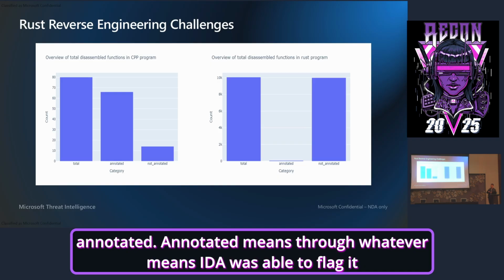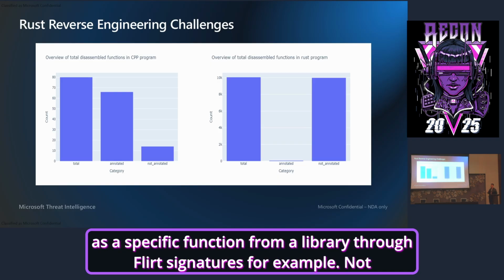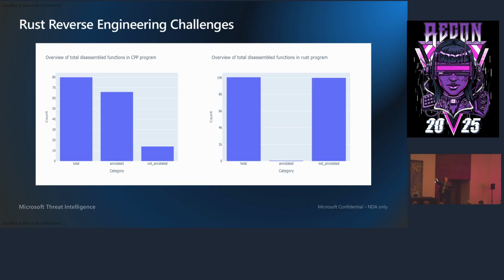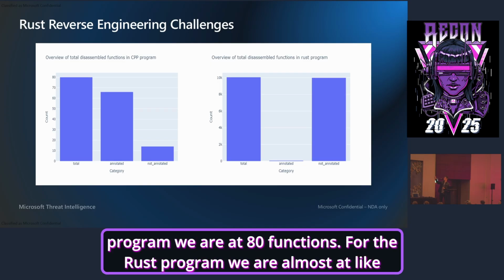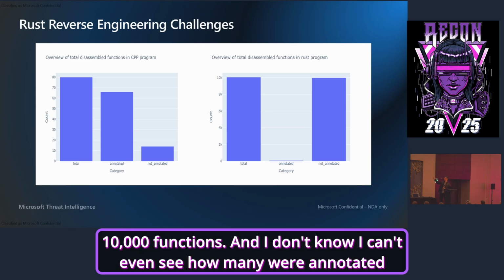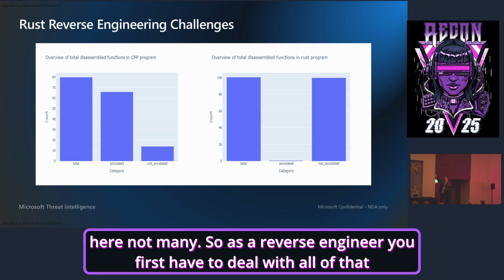Annotated means that through whatever means IDA was able to flag it as a specific function from a library, through FLIRT signatures, for example. Not annotated functions have a sub prefix at the beginning. So for the C++ program, we are at 80 functions. For the Rust program, we are at almost 10,000 functions. And I can't even see how many were annotated here, not many.